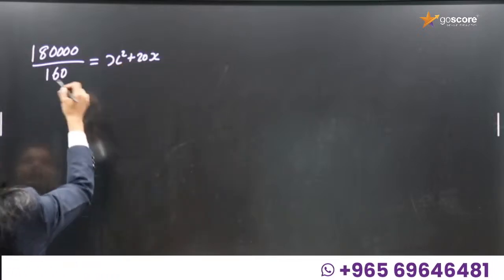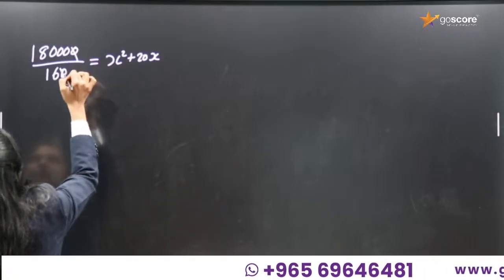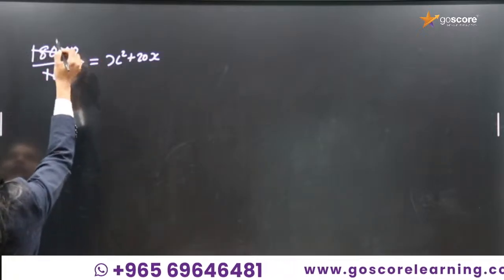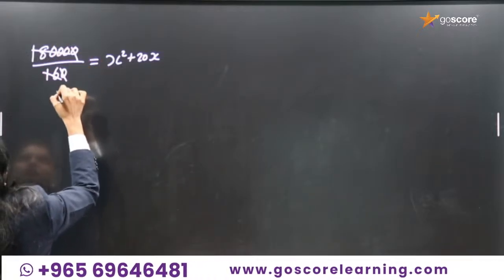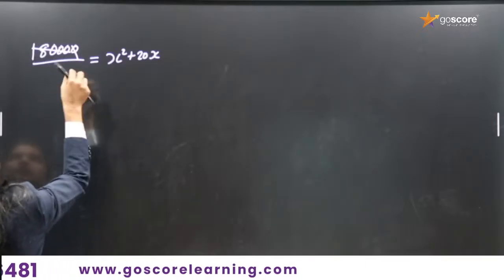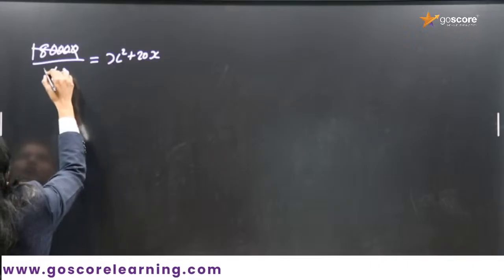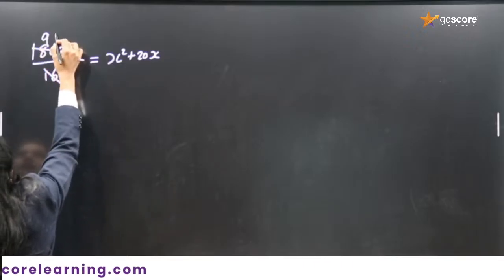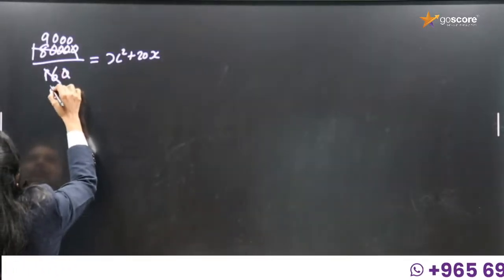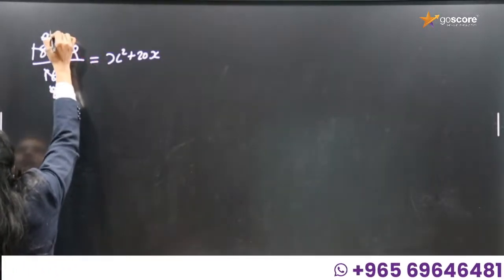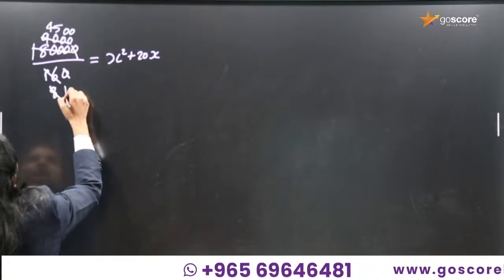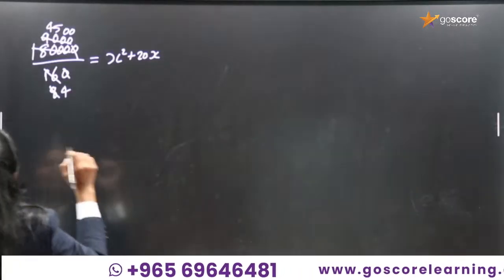Okay. Now we can cancel 0, 0, then 16. And 18,000 you will be getting 9,000 and 16 you will be getting 8. Now with 2 you will be getting 4,500, 4,500 by 4.